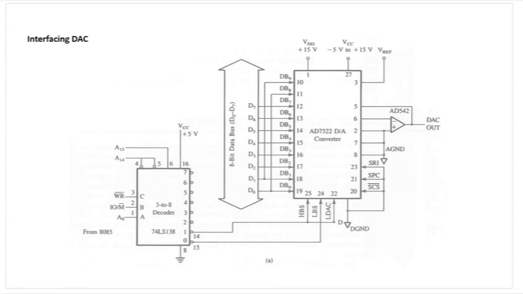Since this is a DAC, a digital to analog converter, digital input will be received from the microprocessor. This is almost similar to interfacing an IO device. The data bus will be used to forward the output data onto the DAC. You have here an AD7522 DA converter.